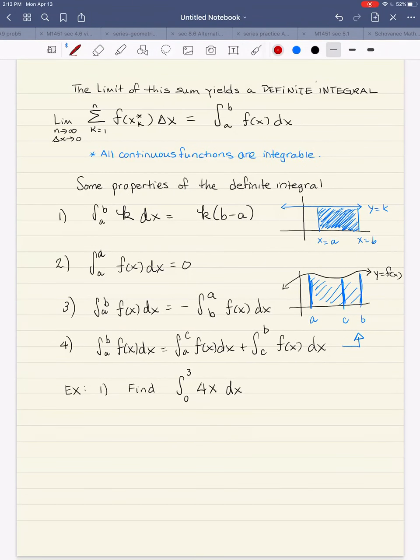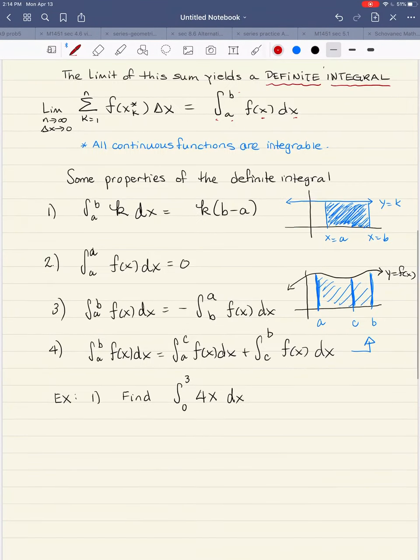And what you saw in the last section was that that exact area has some relationship to the indefinite integral that we talked about in section 5.1, and we're going to call that integral, the exact area integral, a definite integral. And we write it as the integral of f of x with respect to x from x is a to x is b.